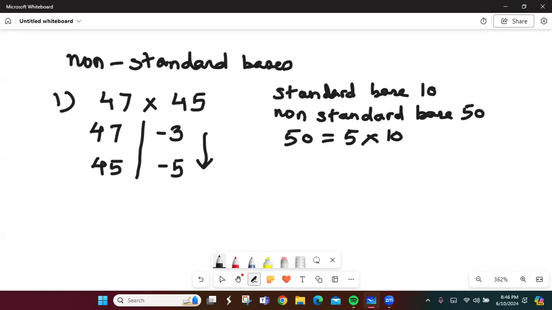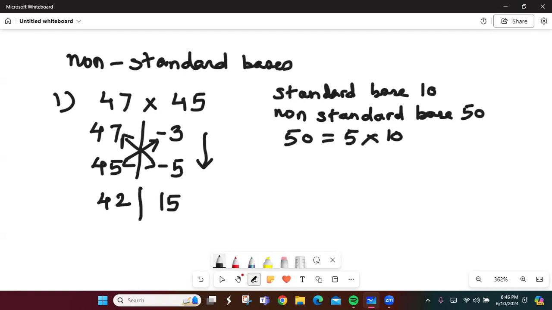So -3 into -5 is 15. Now, do the cross addition. So if I add 45 plus -3 or 47 plus -5, both will give me 42.